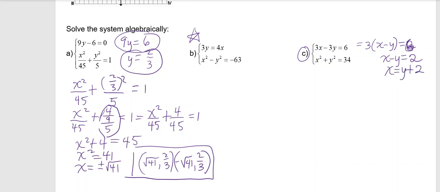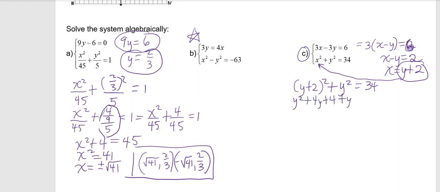All right, now I'm going to plug y plus 2 in for x. So I get (y plus 2) squared plus y squared equals 34. I need to expand this, so that'll be y squared plus 4y plus 4 plus y squared equals 34.